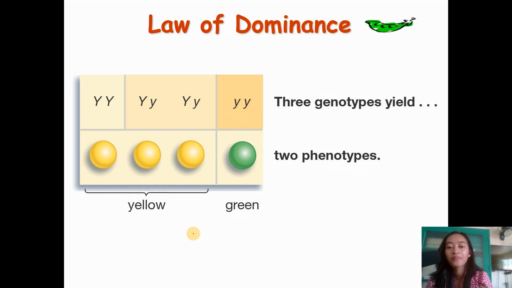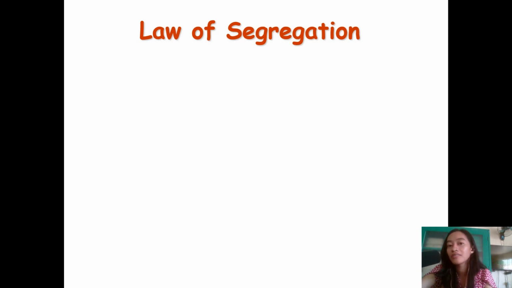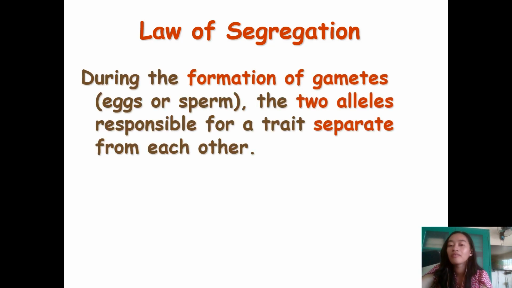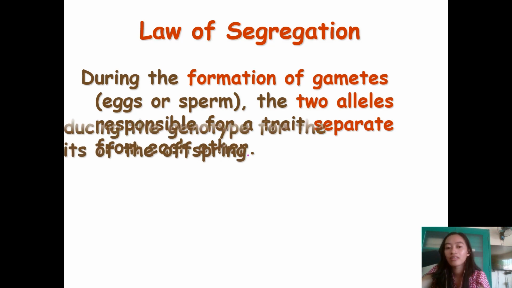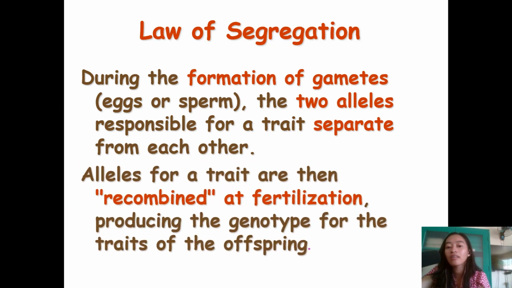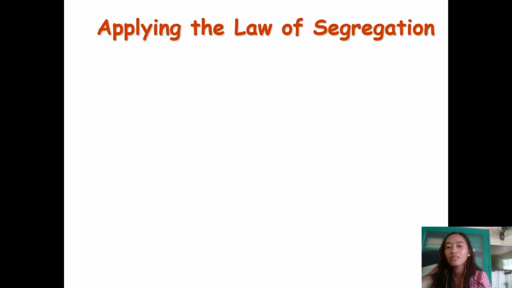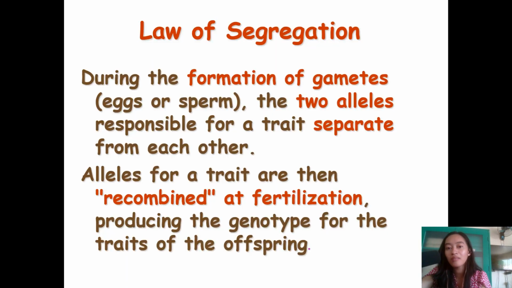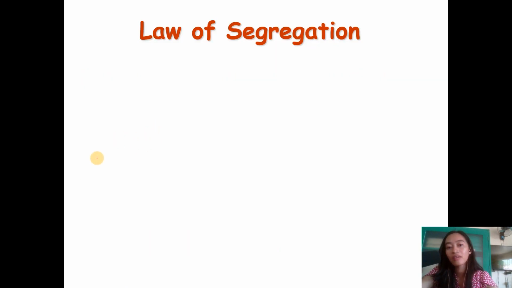So yellow and green. Next law is law of segregation. Segregation or separation or pagkalahi-lahi. During the formation of the gametes, 2 alleles are responsible for a trait separate from each other, and these will recombine at fertilization. So that was shown a while ago. For example, kato siya, in a Punnett square, that's why we have to separate daw kay inani daw ni siya inigmit nila.